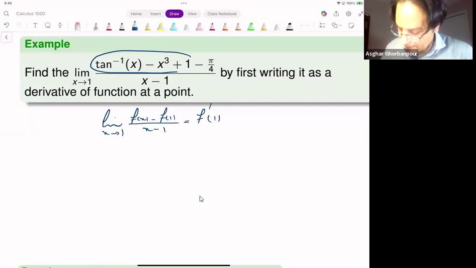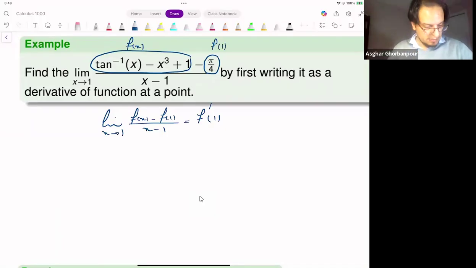Here I have f at x. Hopefully this is f at 1.